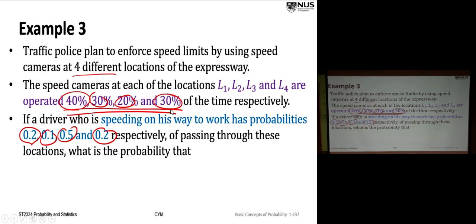These four probabilities do not add up to 1. Why? Unless we have a system where only one speed camera works among these four at any time. It's supposed to be independent, so these four percentages should not add up to 1. You don't expect them to.